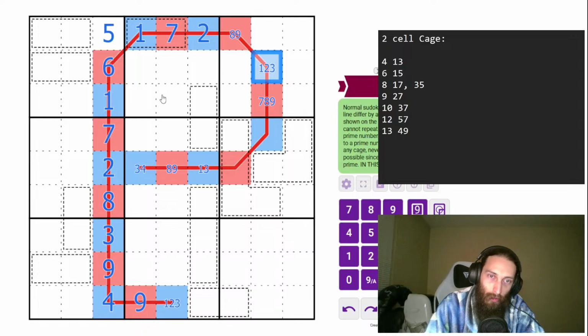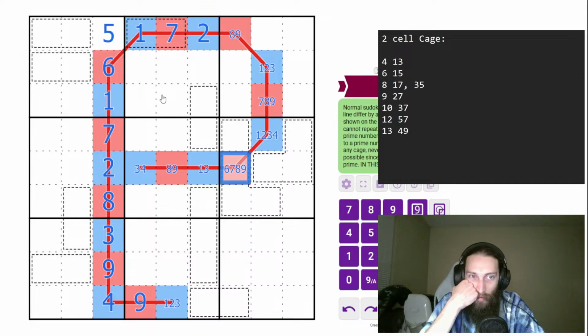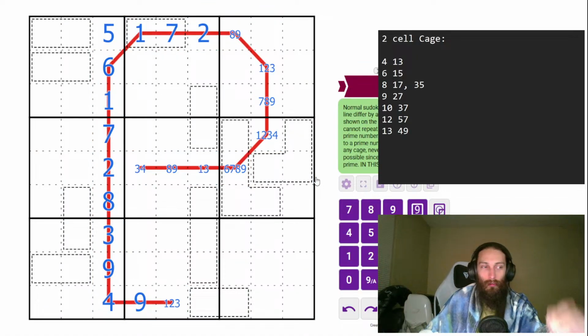Can't be a pair of 9s. Those could be a pair of 9s. A pair of 1s. Colors.